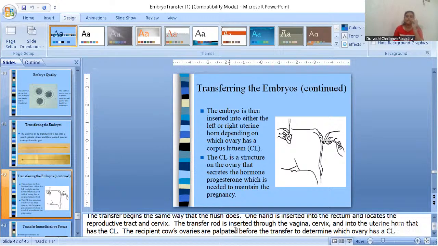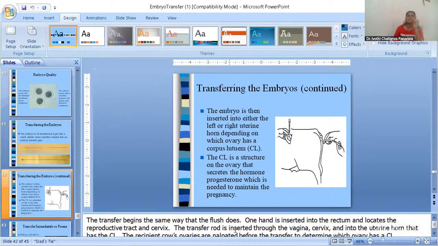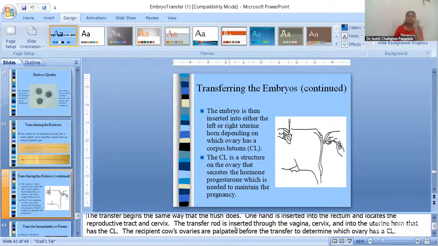The recipient cow's ovaries are palpated before the transfer to determine which ovary has the corpus luteum.